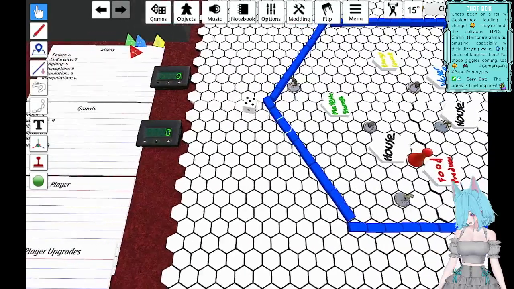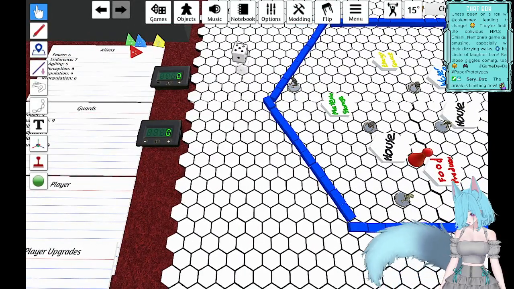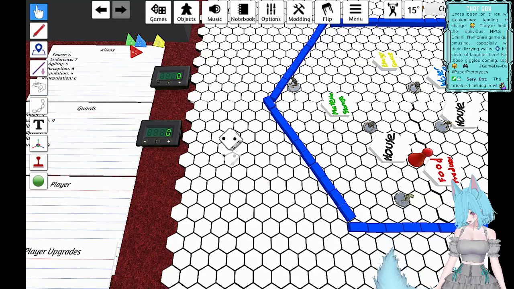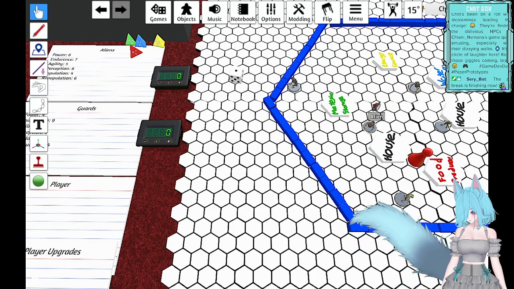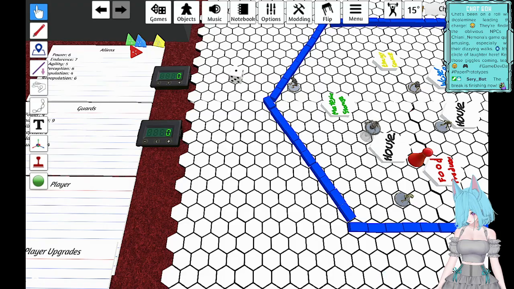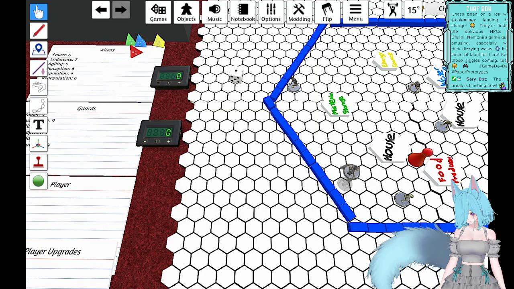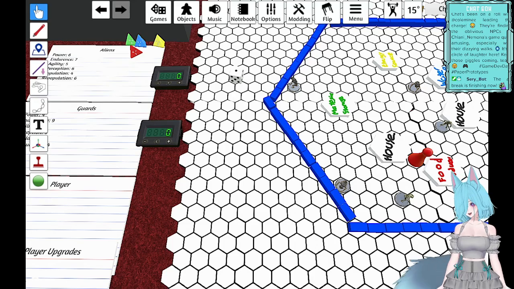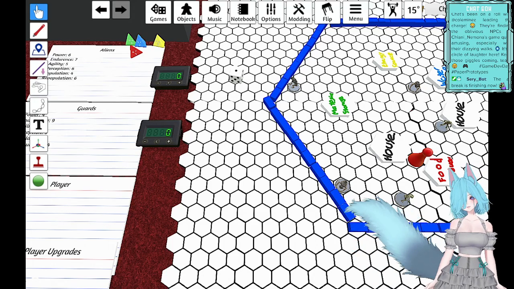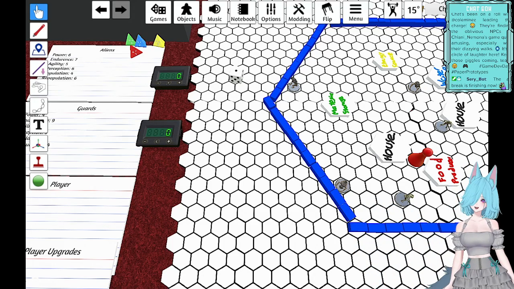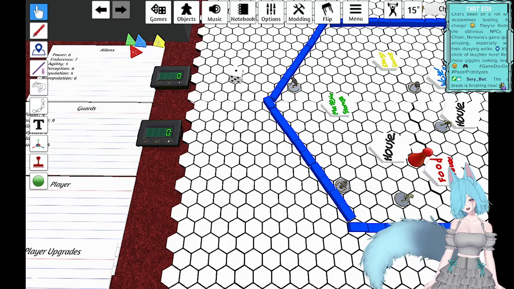He actually does see the wall, so... Oh, this is bad. This is very bad. Oh. 1, 2, 3, 4, 5. He could have gotten very dangerously close to one of the civilians. We almost had a civilian attack.